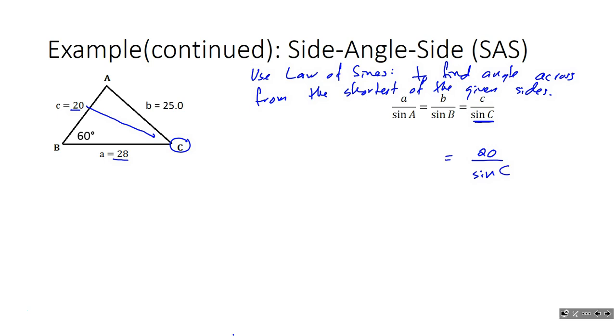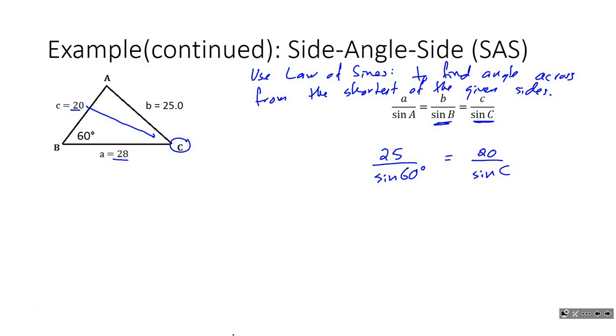So for the other, we just want to make sure that we know everything in the fraction, because you only want one unknown in an equation. Well, since the only angle we currently know is 60, which is B, we will have to use this fraction here involving B. So this would be 25 over the sine of 60 degrees there.